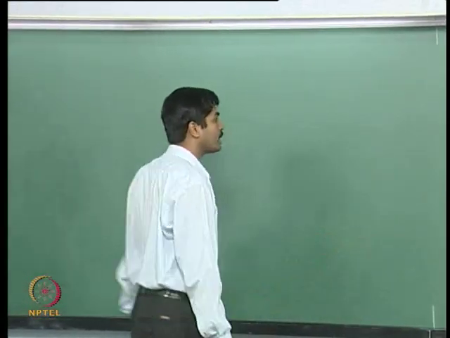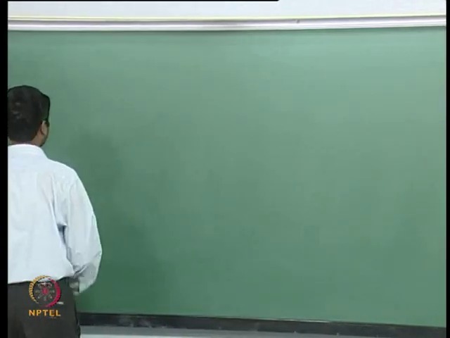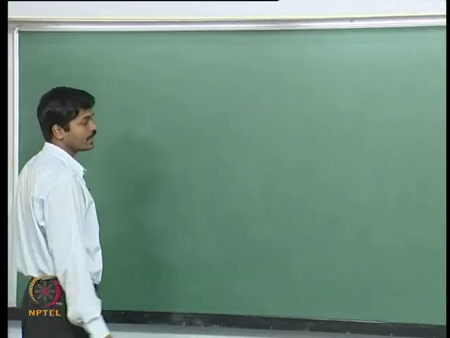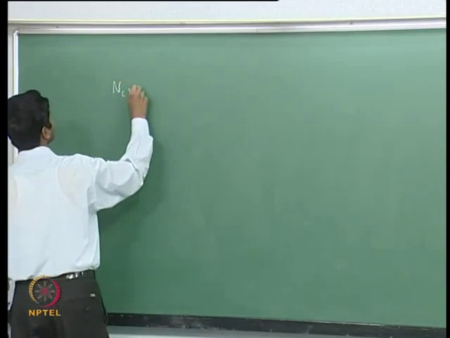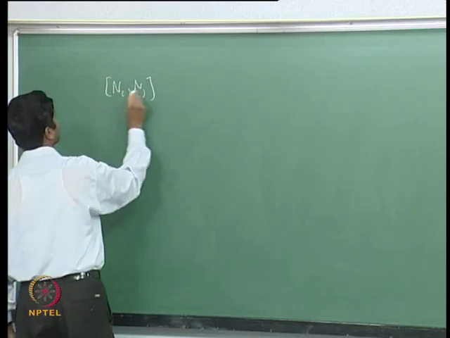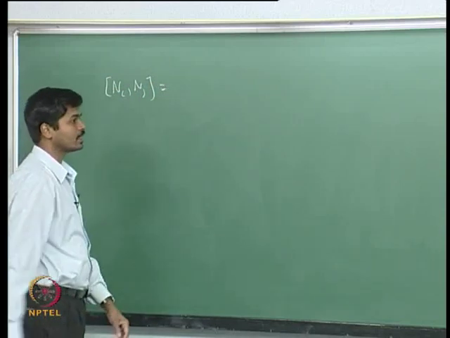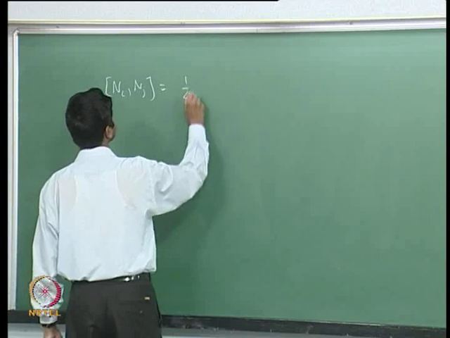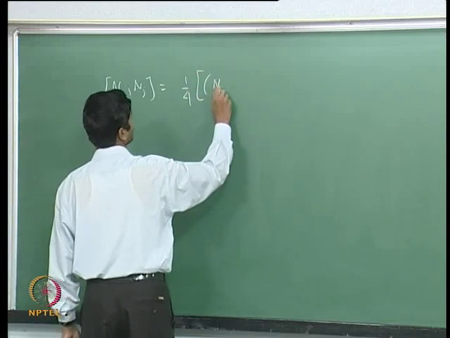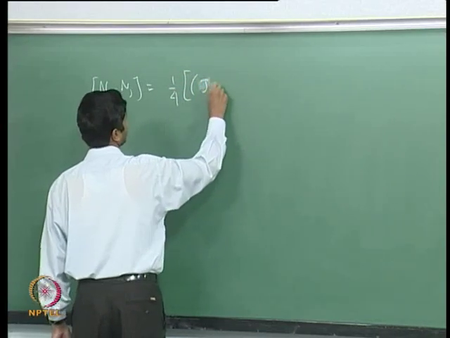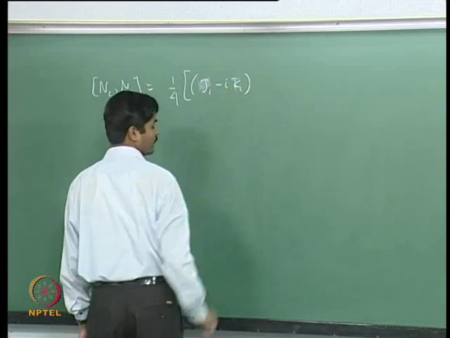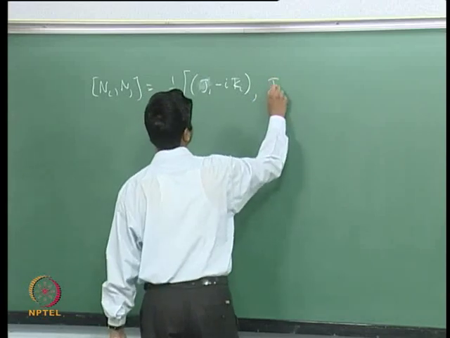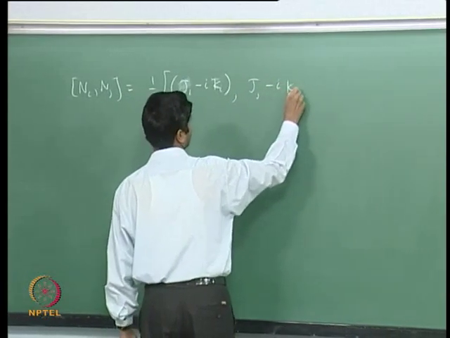So let's write down the Lorentz algebra, the SO(3,1) algebra, in terms of these Ni's and Ni daggers. What is the commutator of Ni and Nj? It's just 1/4 times the commutator of Ji minus i Ki and Jj minus i Kj.